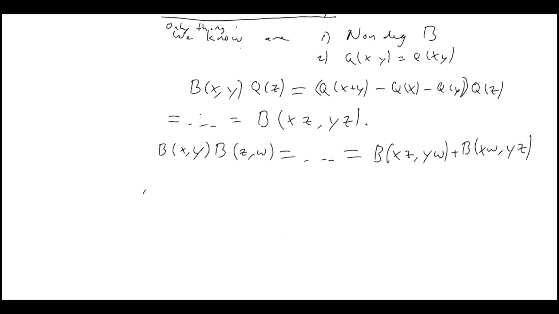All right. Okay, and so now we want to use the non-degeneracy. And in order to use the non-degeneracy, we have to get a bilinear form with an arbitrary thing on one side and then some other expression on the other side that doesn't involve that. And if you stare at this expression for a little bit, you'll find that you can achieve this by making the following substitution or specialization.